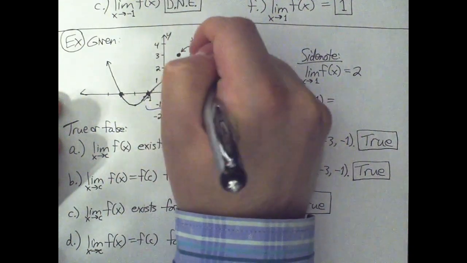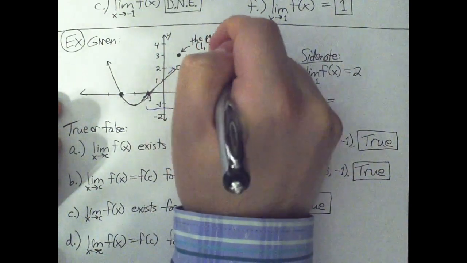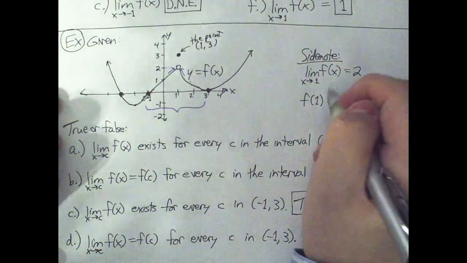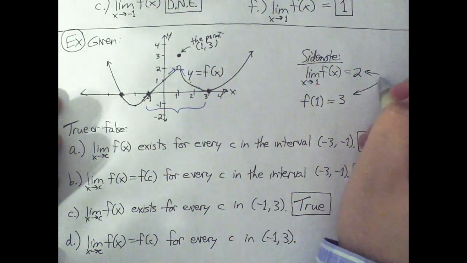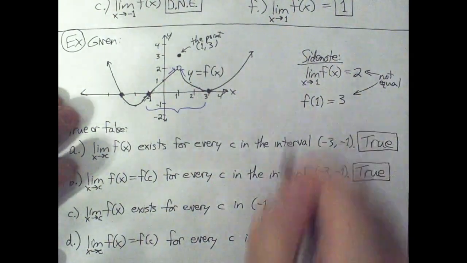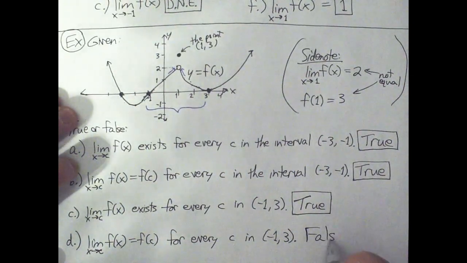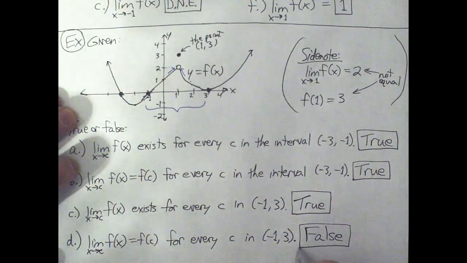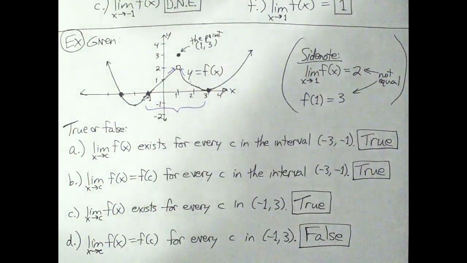That's the point (1, 3), right? So f of 1 is 3. These are not equal to each other. So you could say this is a side note, or you could say this is scratch work for parts C and D. So that makes this false, because we just found a place in that interval where the limit does not equal f of c.